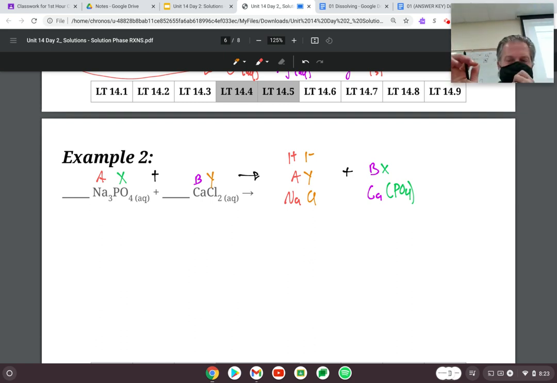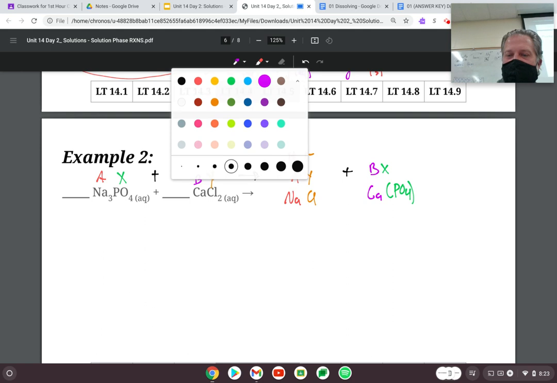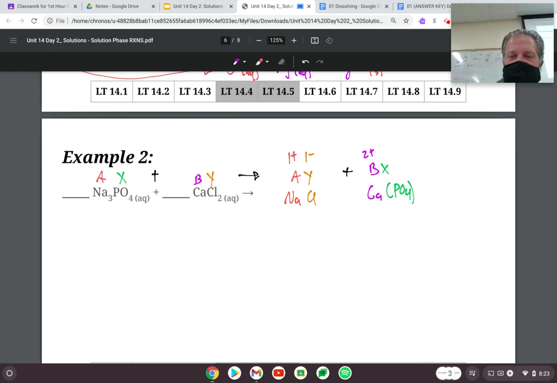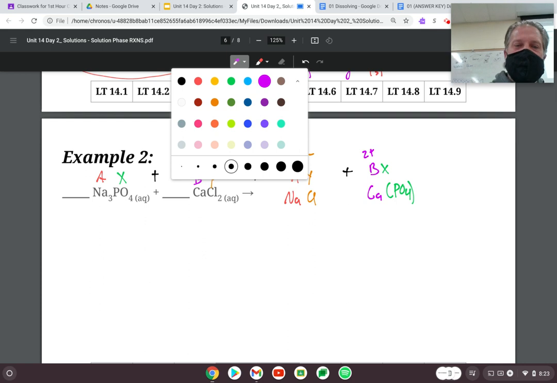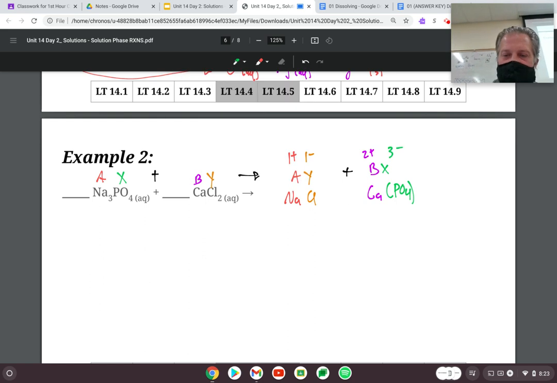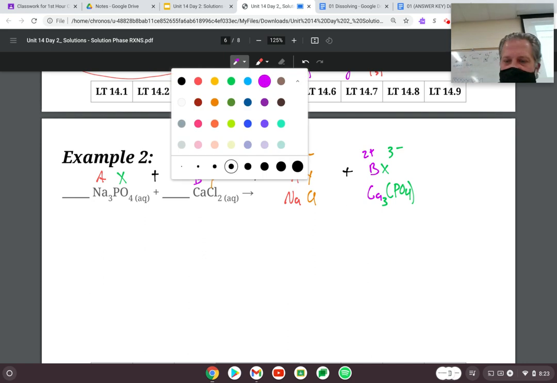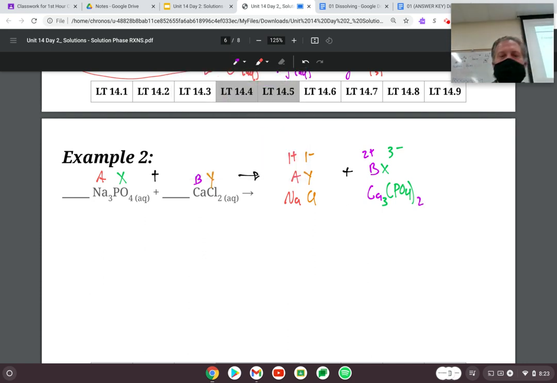So far, so good. However, calcium is in the second column, so it has a charge of +2. And phosphate is in no column, but I know it is a polyatomic ion on the back, with a charge of -3. So when I crisscross those charges down, I get Ca3(PO4)2.